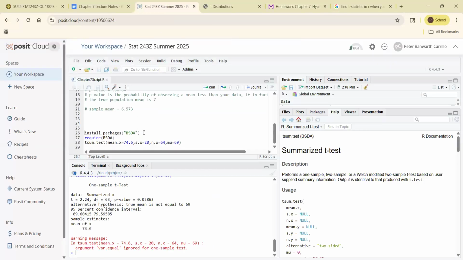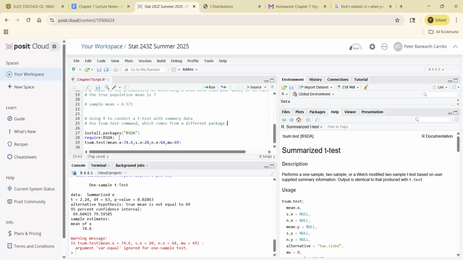First of all, R runs on what are called packages, which is extra code that other people have written. And you need this package in order to do the test. So when you're using R to find a t-statistic or to conduct a t-test with summary data, you need to use the tsum.test command, which comes from a different package.